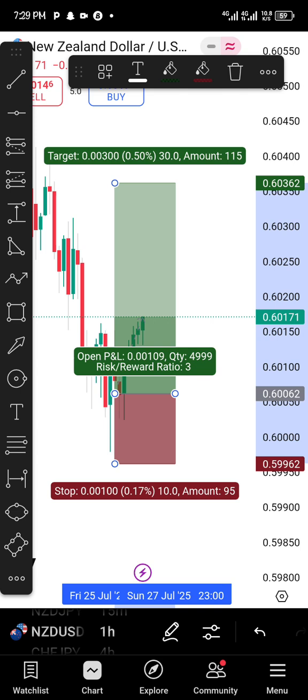Let's say you're entering the market with $10, right? It means you are risking $10, which is 10 pips in the market, and your potential profit when the trade finally hits full take profit is 30 pips. It means if you're risking $10, you're expected to make $30 at the end of the trade.